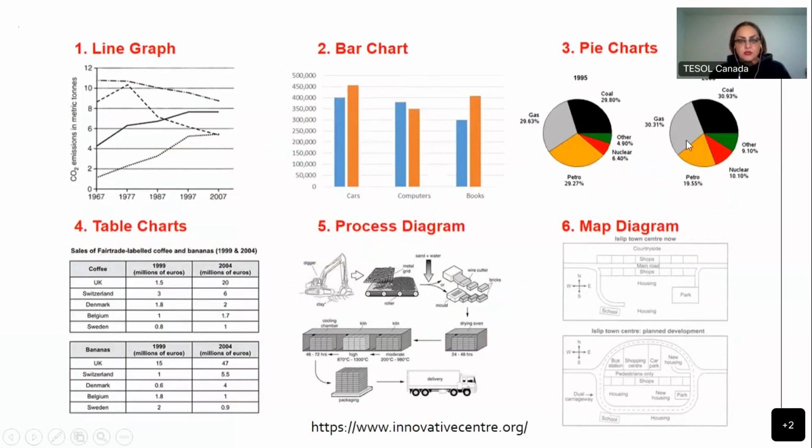Again, 20 minutes, 150 words. What you do is look at the graph and only report what you can see. No interpretation, you just report what you can see, and you compare different data.